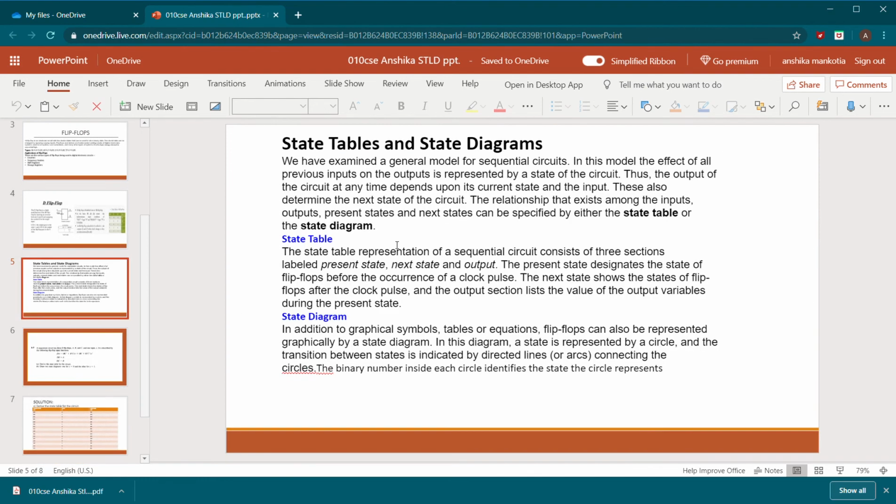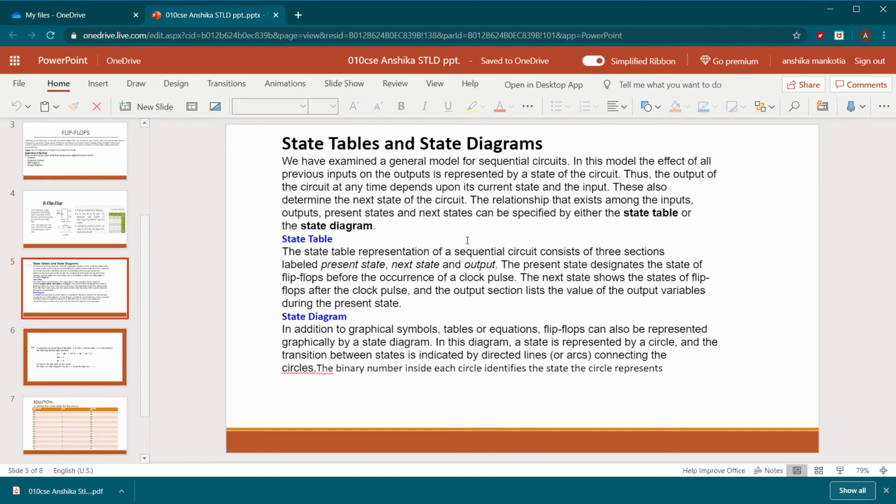Now let me explain state tables and state diagrams. The output of the circuit at any time depends upon the current state and input, and these also determine the next state of the circuit. The relationship that exists among input, output, present state, and next state can be specified by either a state table or a state diagram.